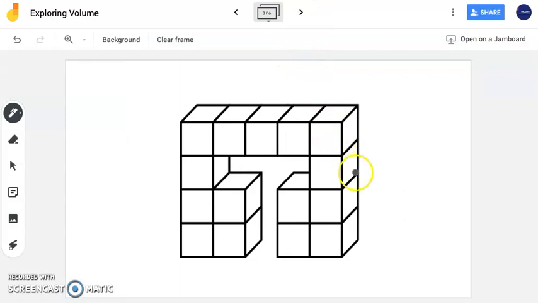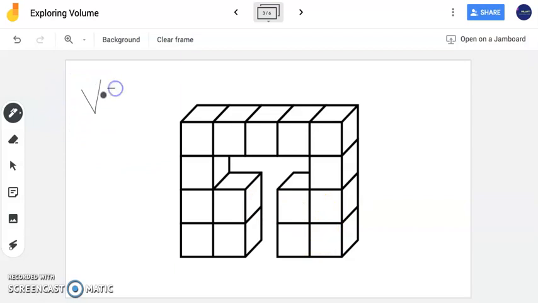Now in this example here, we don't have a rectangular prism. Therefore, we can't use the volume formula, length times width times height, because we are not given a rectangular prism. But what we can do is we can count the cubes that are used to create this object. So here we have 1, 2, 3, 4, 5, 6, 7, 8, 9, 10, 11, 12, 13, 14, 15.